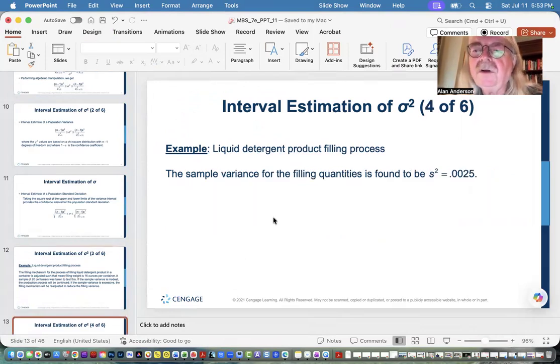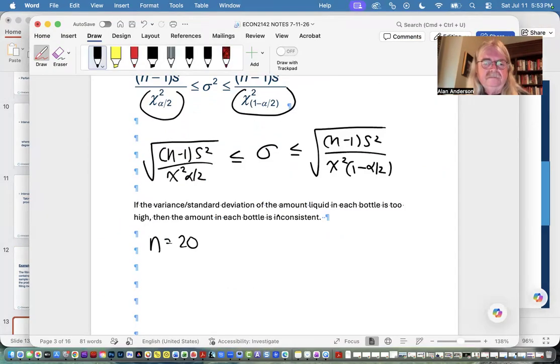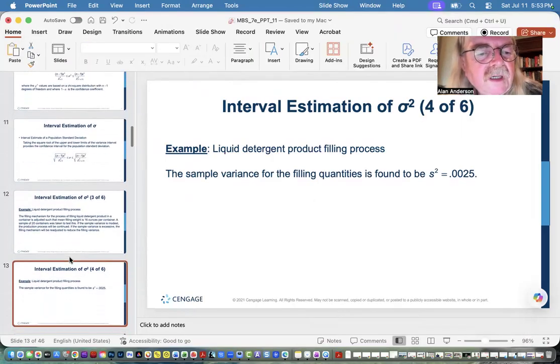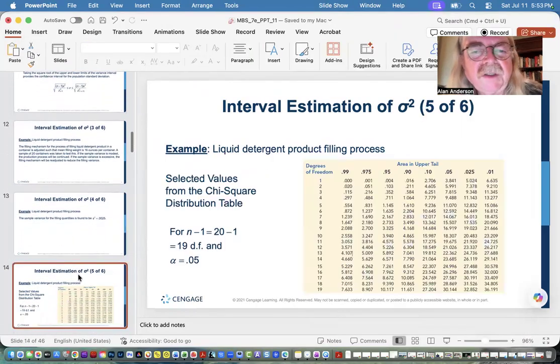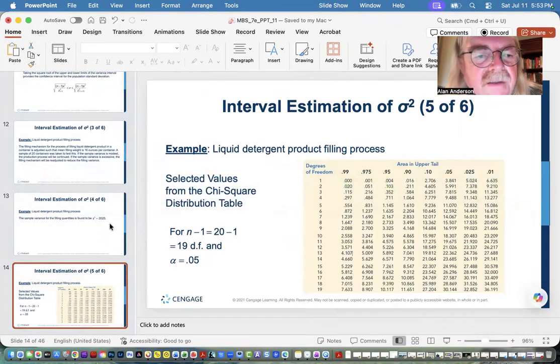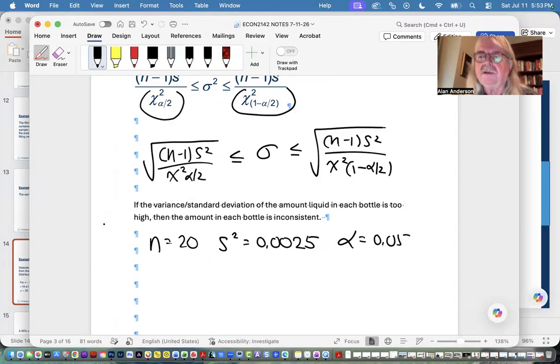Here we go. Now, in order to do this confidence interval, we need to know the sample variance. So that's all we need, except we need to know what confidence level to use. And let's say it's 0.05. Now, for this case, the degrees of freedom is n minus one.